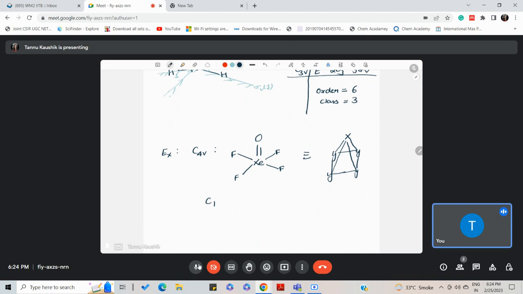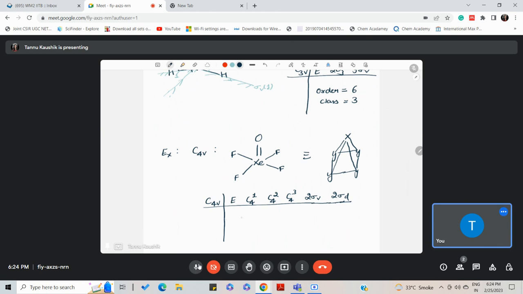Okay, so the symmetry operations of C4V are E, C41, C42, C43, and it has 4 sigma V planes, which are 2 sigma V and 2 sigma D.